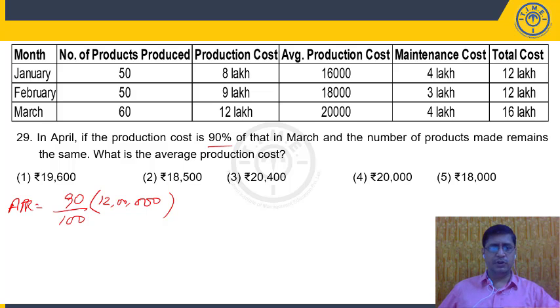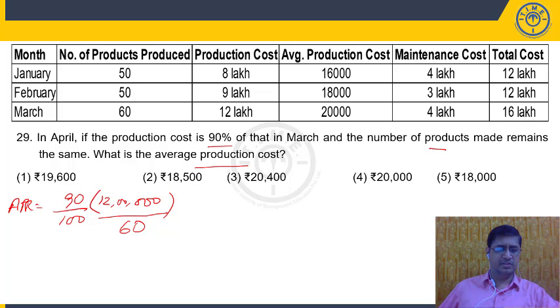So what we need to find? The number of products is the same as that of the previous month. Products here are 60 only. So what we need to find? The average production cost. My dear students, average production cost means the total cost by the number of products produced.